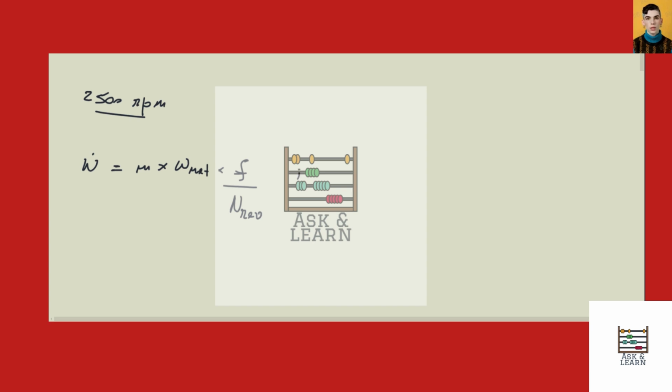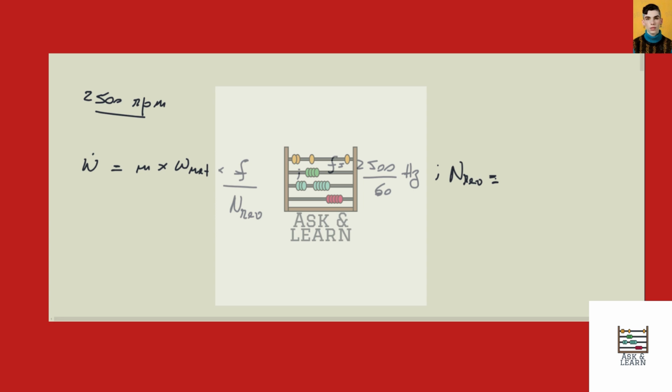Okay, and what is the frequency of this engine? Well, the frequency, as we already know, is 2,500 rotations per minute, and minute is divided by 60, so this is in hertz. And what is the number of revolutions?